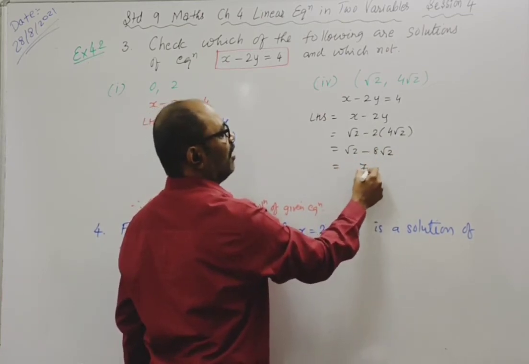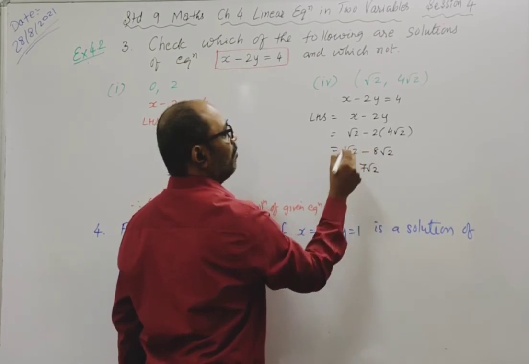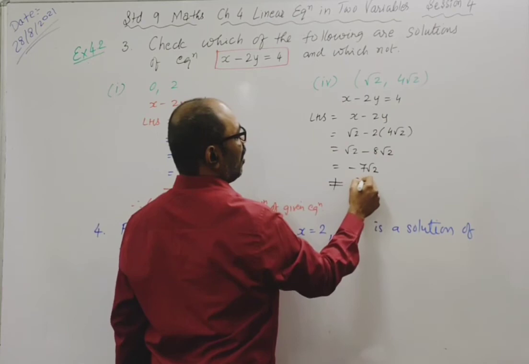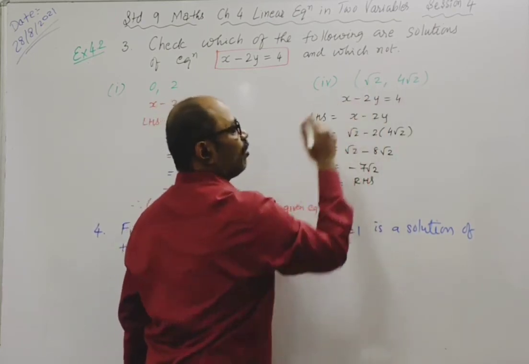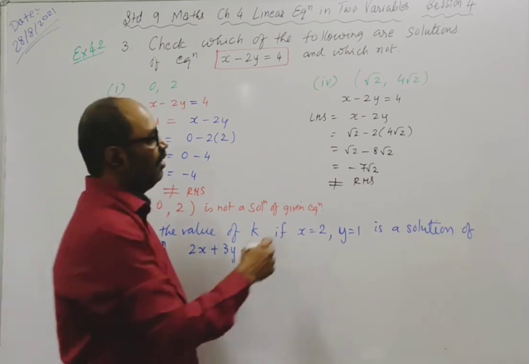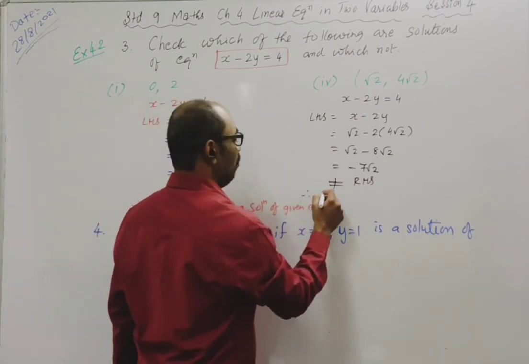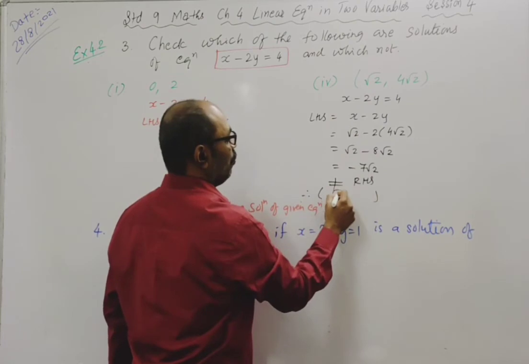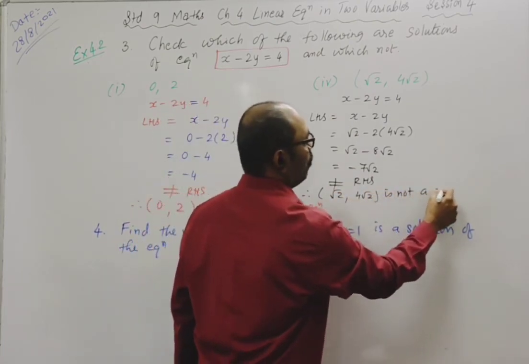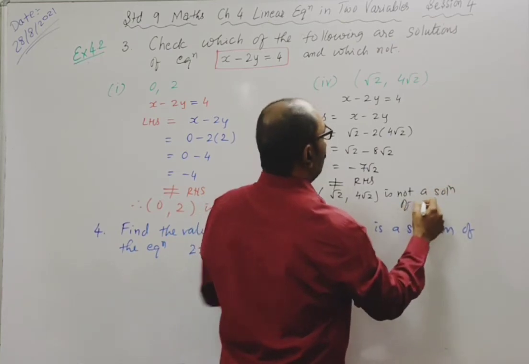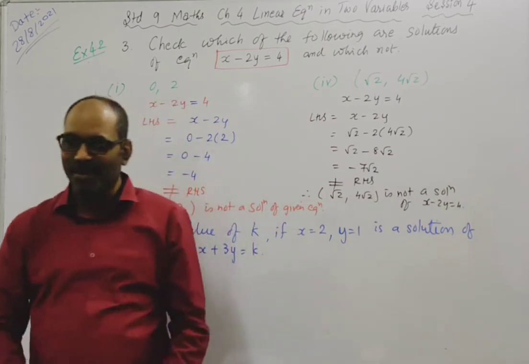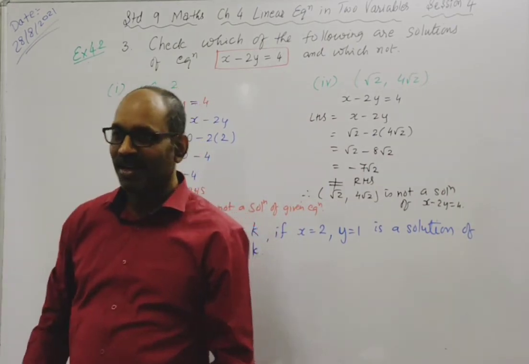Subtract करो 7 √2 और बड़ा माइनस, which is not equal to right hand side. 4 वो तो right hand 4 होना चाहिए ना. So not equal to right hand side. Therefore बोलिए ये भी √2, 4 √2 is not a solution of x minus 2y is equal to 4. Equation ही लिख दिया मैंने. Is that clear, children? Yes.